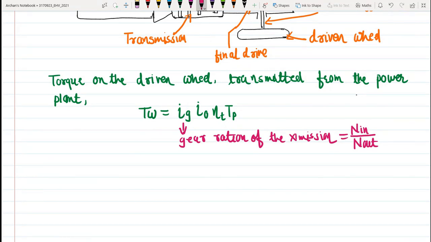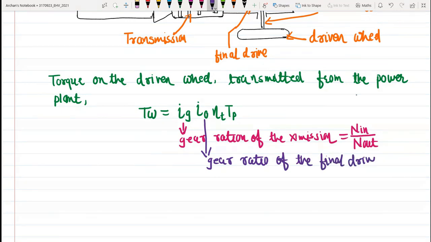Then I0 is nothing but the gear ratio of the final drive, right?